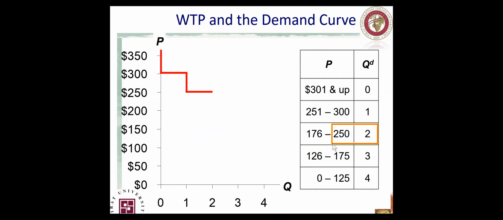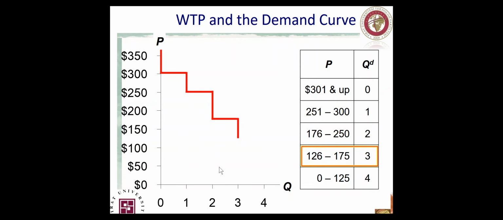Then again, we apply the same to 126 to 175. We drop the price down a step, until we reach 126. I'm sorry, I was delayed by one step. In that case, we will have 3.